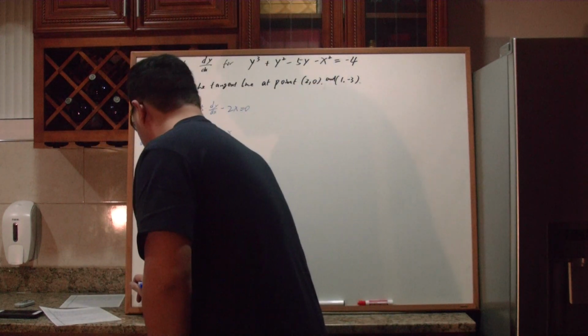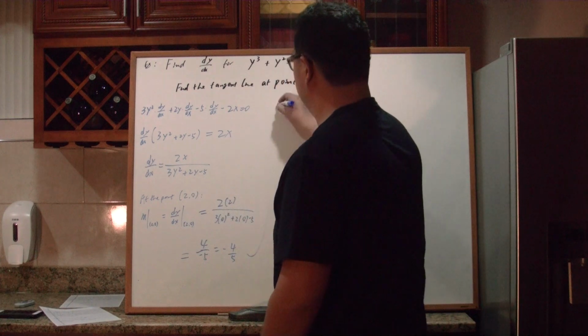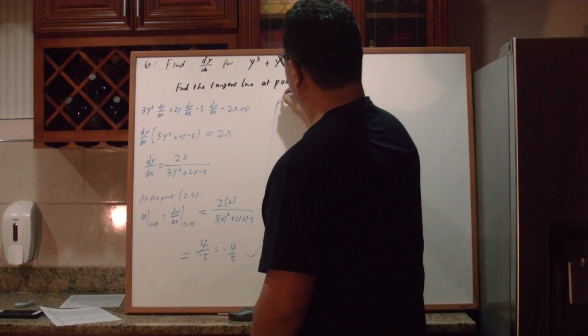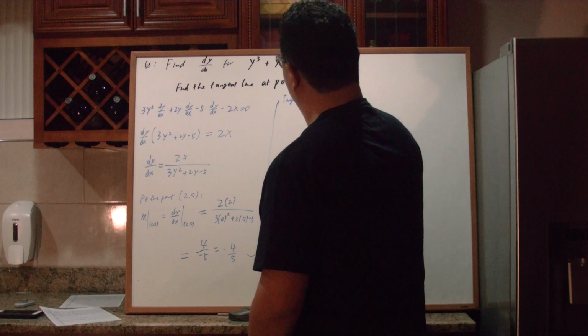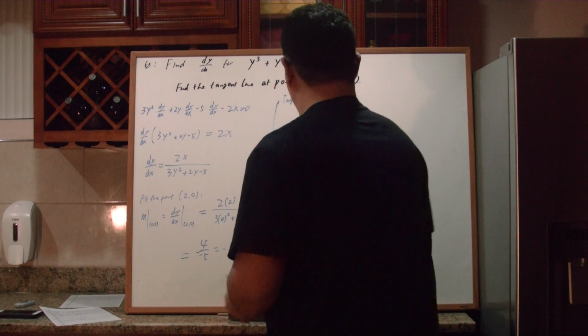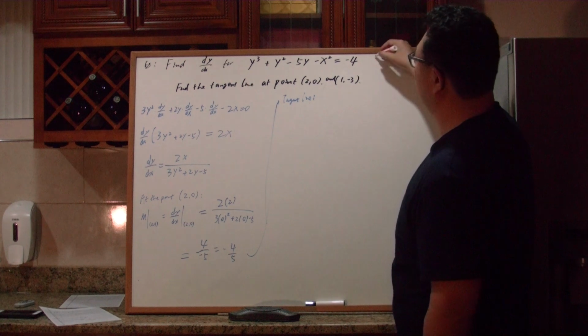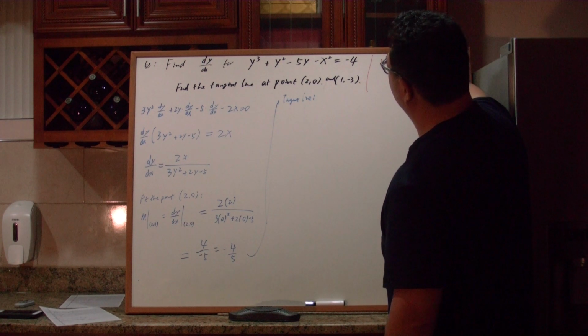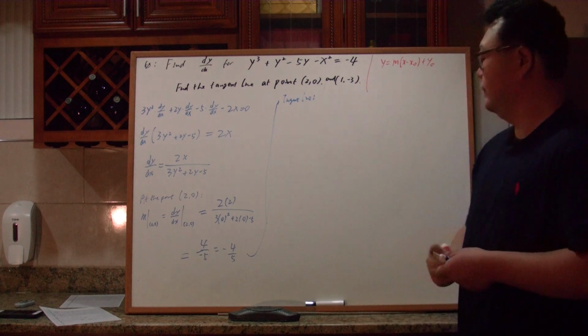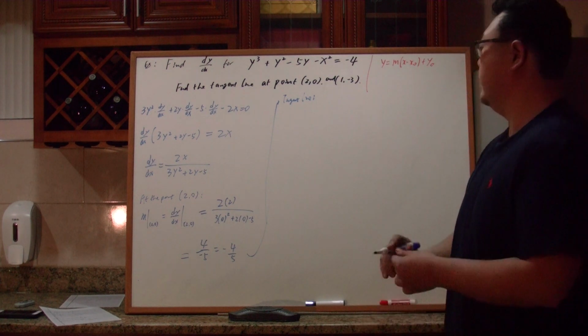So now the tangent line. If you still remember, the equation of a line is y equals m times (x minus x0) plus y0, the point-slope form using the slope at a given point.